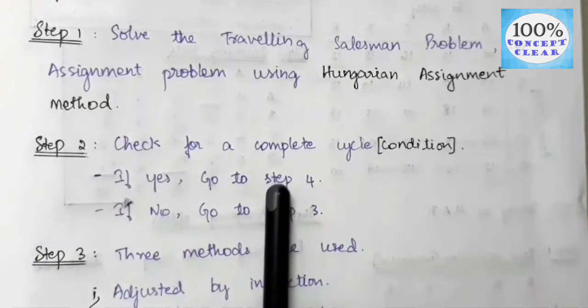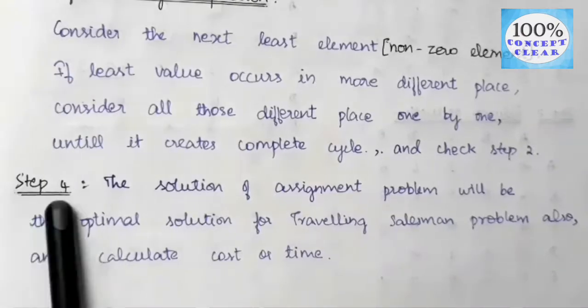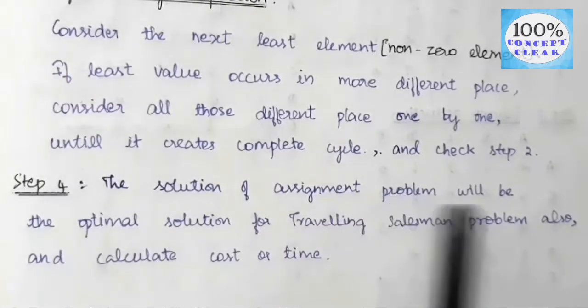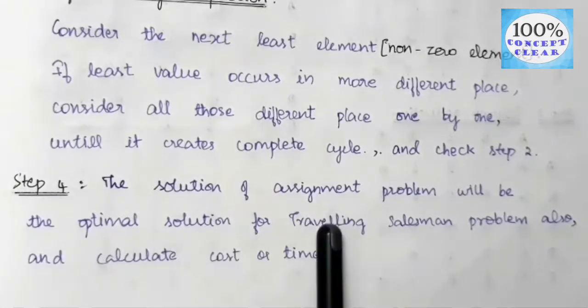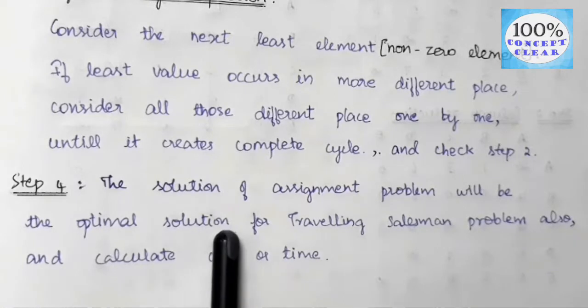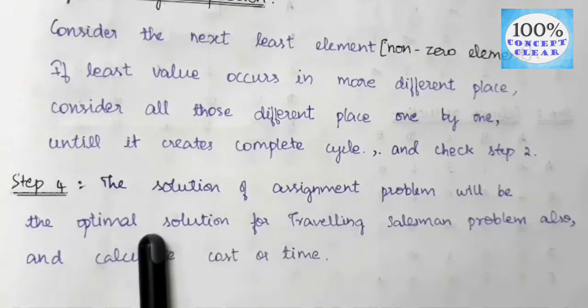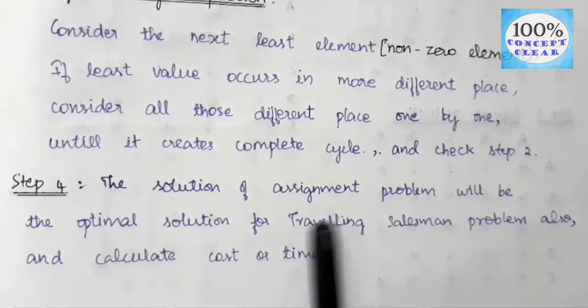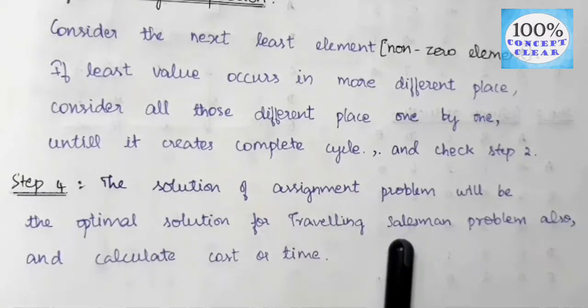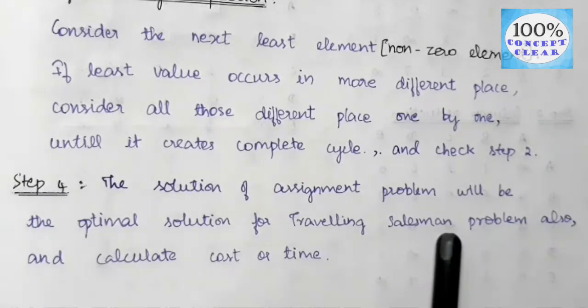If yes, we should go to step 4. Let's see what step 4 is. The solution of the assignment problem will be the optimum solution for the traveling salesman problem also. Which means, if the solution obtained from the Hungarian assignment method satisfies the traveling salesman condition, our traveling salesman problem comes to an end at that stage itself.